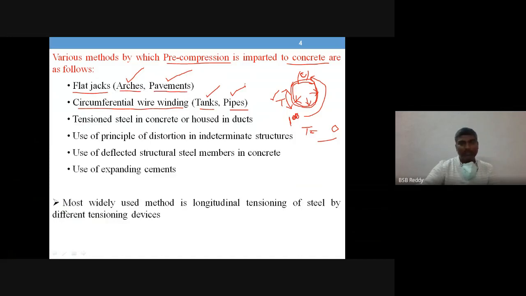The flat jack is nothing but a flat plate which is to be kept and shall be pushed accordingly to induce compression into the member that is available just adjacent to that.